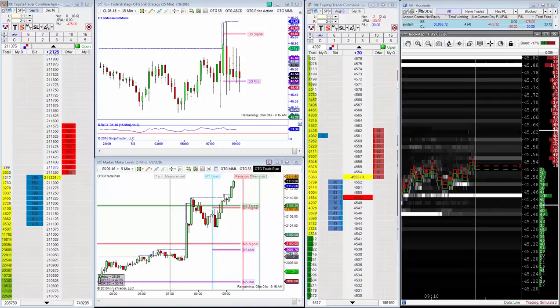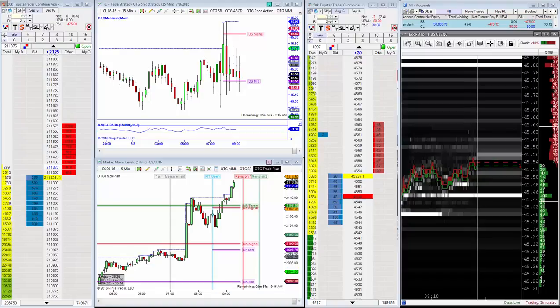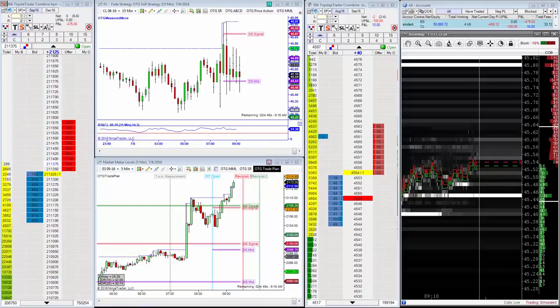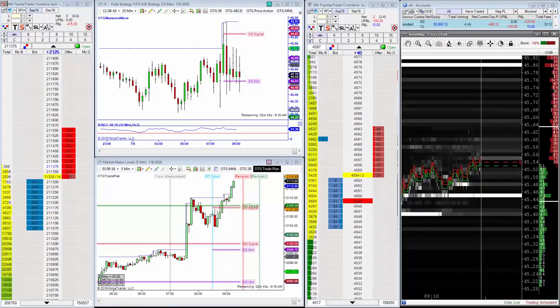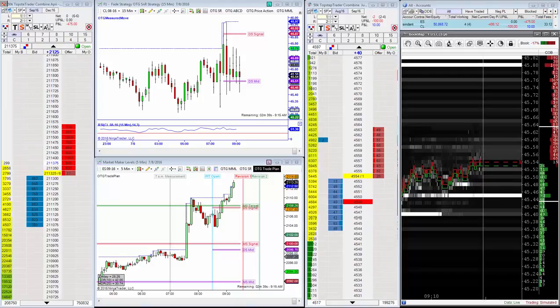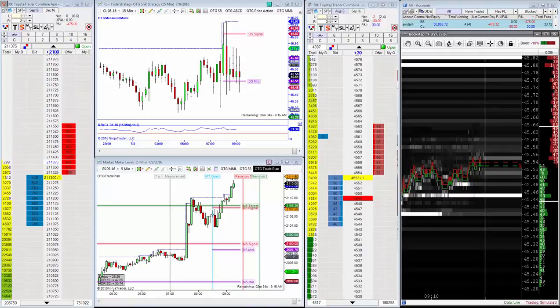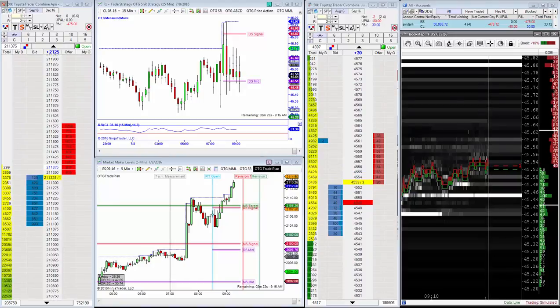Point of control there at 54. 53, 54, 100 long at 45. Come on, break 52, 51. Still looking for that push down. We'll see. 53, 52.